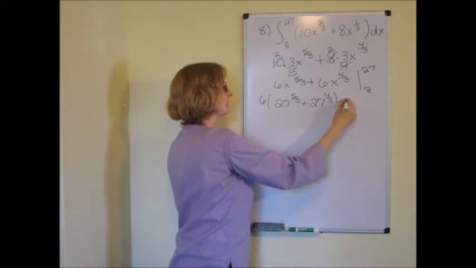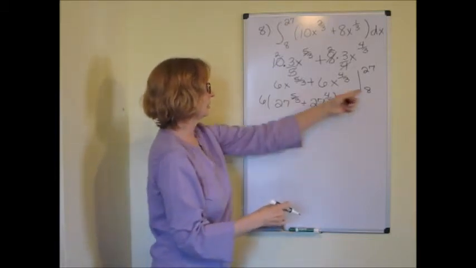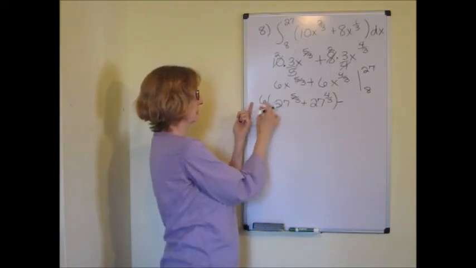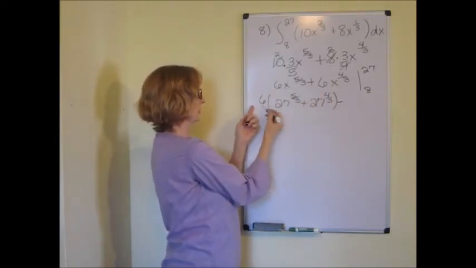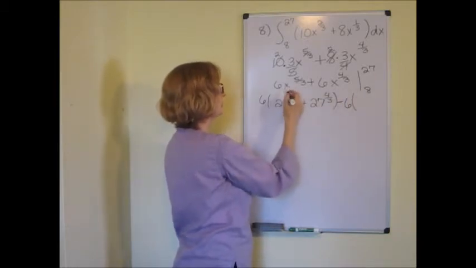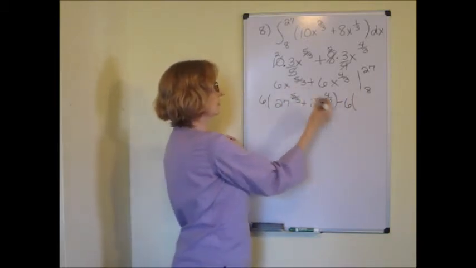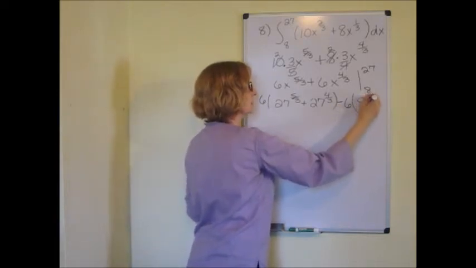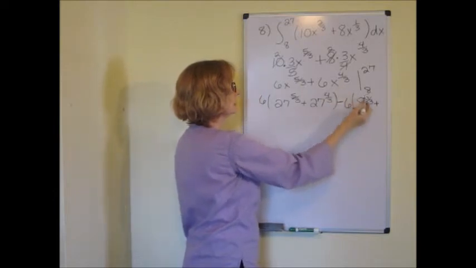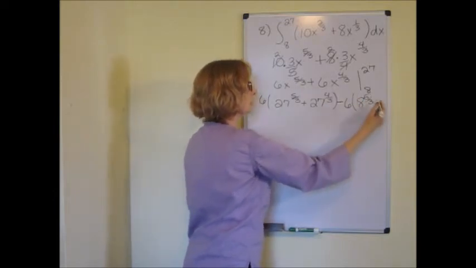And then minus, and then you're going to plug in your 8. So I'm just putting the 6 out here for both of these. Plug in your 8. That's going to be 8 to the 5/3 plus 8 to the 4/3.